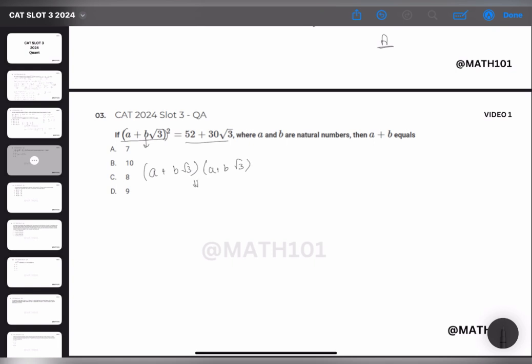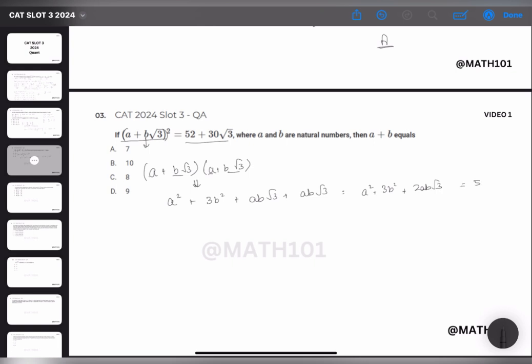So we'll do it this way: a into a is a square, plus b root 3 into b root 3 is 3b square, plus a into b root 3 is ab root 3, plus b root 3 into a is again ab root 3, which equals a square plus 3b square plus 2ab root 3.